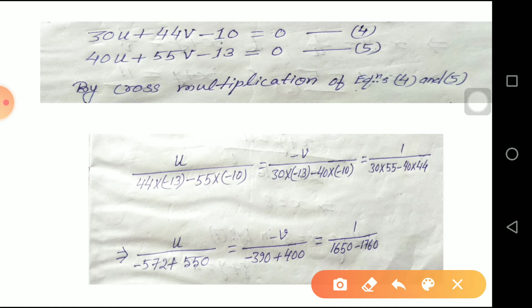So as you know, u divided by 44 into minus 13 minus 55 into minus 10 equal to minus v upon, will hide v, 30 multiplied by minus 13 minus 40 into minus 10 equal to 1 upon, will hide this one, 30 multiplied by 55 minus 40 multiplied by 44. Correct?